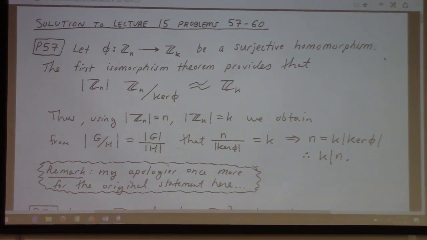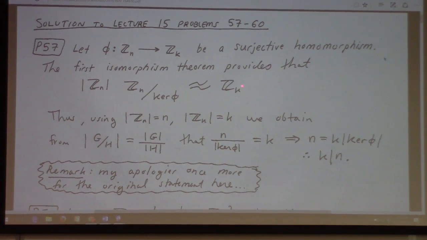Some of it's done though. It's like, here's a fixed version of the horrible problem that wasted our time. So if we have a surjective homomorphism from Zn to Zk, then it is in fact true that k must divide n. Why? The first isomorphism theorem says that Zn mod the kernel of phi is isomorphic to Zk, because generally you have to put the image of phi here.